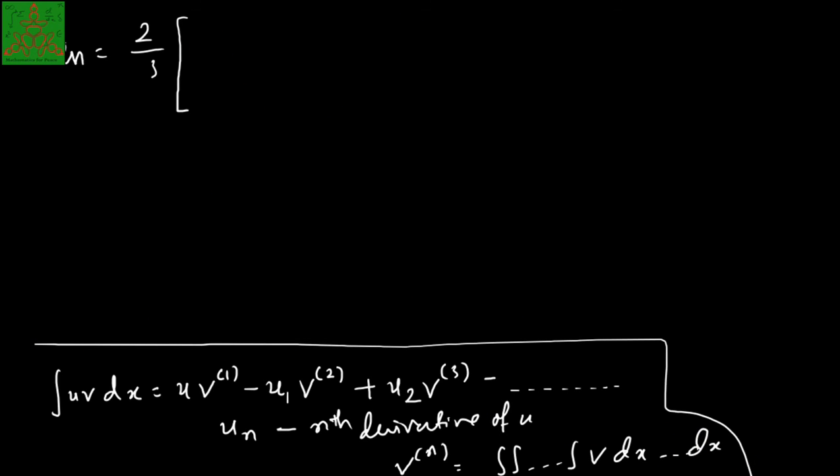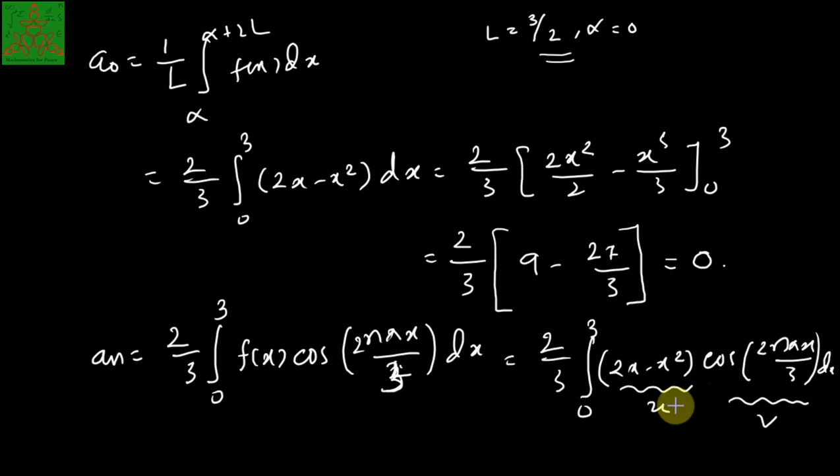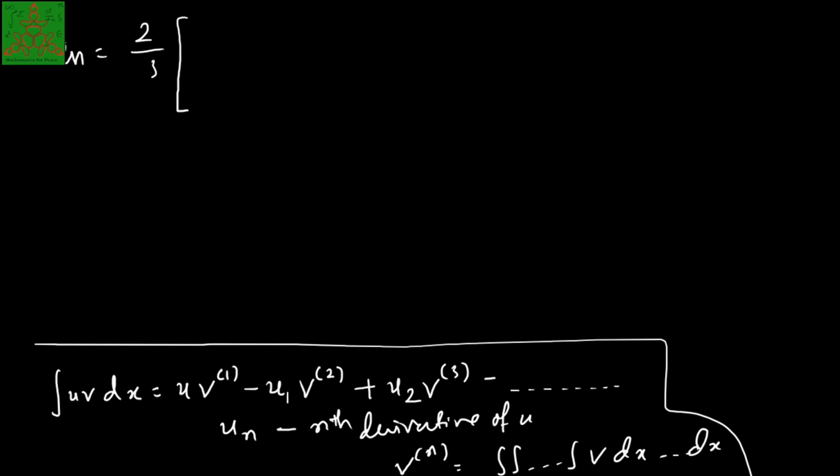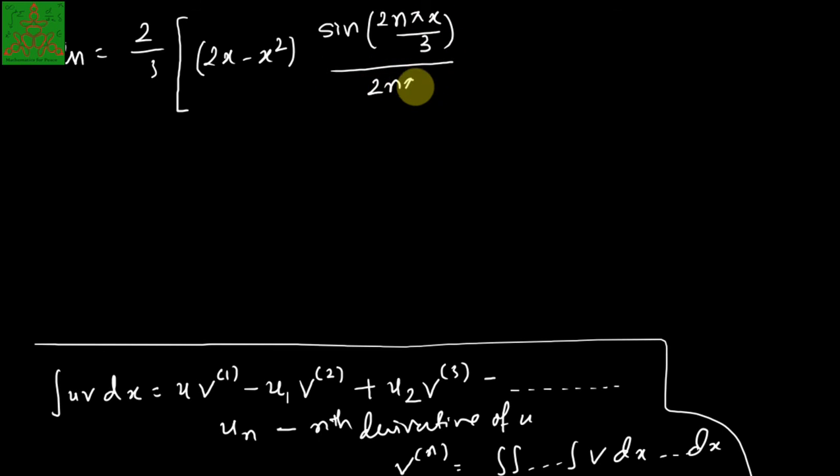So applying that one for this function, where this is u and this is v, we will have 2x minus x square as it is. Then it is the integration of cos, which is sine 2n pi x by 3 upon 2n pi by 3.